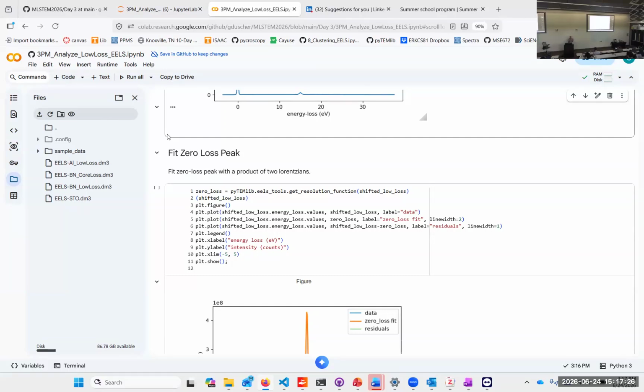There are many different ways. So Gatan, for instance, copies the left wing of the zero loss peak to the right-hand side. Some people use Gaussians, Student distributions or convolution of a Gaussian and a Lorentzian, all kinds of different forms. And I tried them all, and I didn't like any of them. And then I made a mistake, and I liked it.